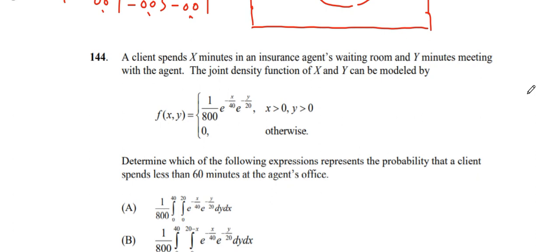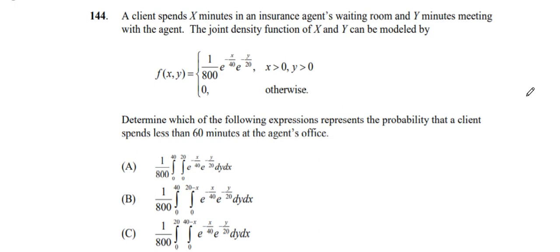Okay, so here we have X and Y with a joint density function. What do we want to determine? Determine the probability that the client spends less than 60 minutes at the office.